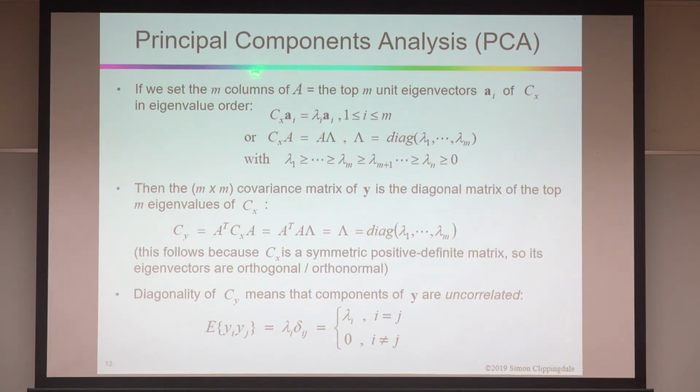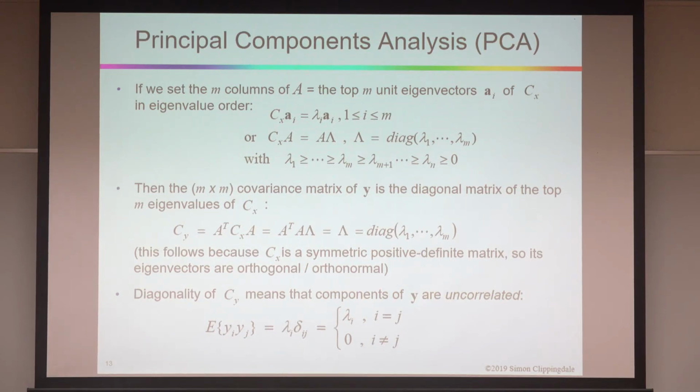It is that if you choose your transform matrix A to consist of the top m eigenvectors of your input signal's correlation matrix, like this, then it turns out that the correlation matrix of your feature vector is diagonal, meaning that it has non-zero, in fact positive values on the leading diagonal and zeros everywhere else.